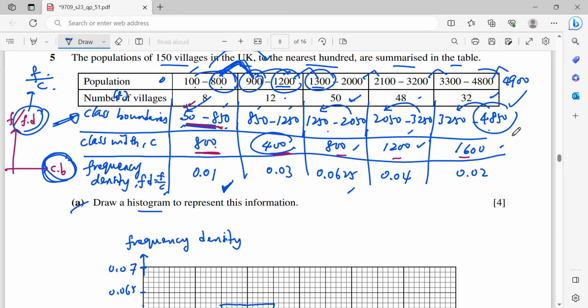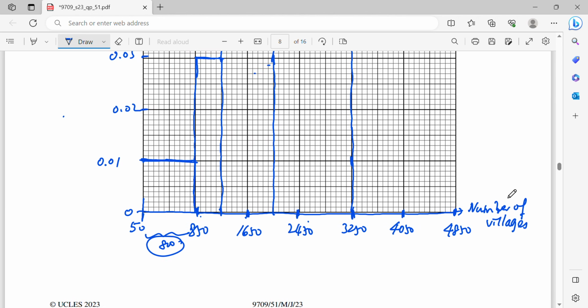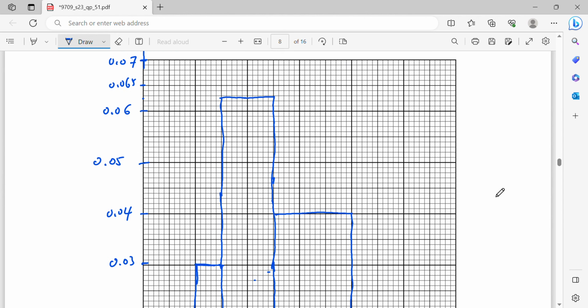Right. And then lastly, it is up to 4850, and then the frequency density is 0.02. Okay, so this is the histogram.